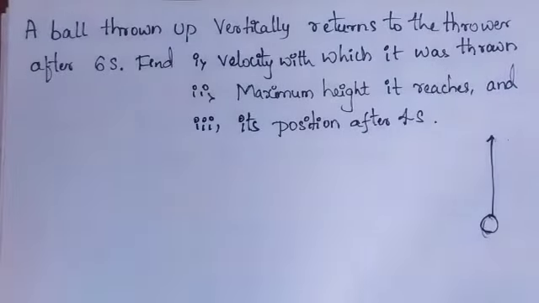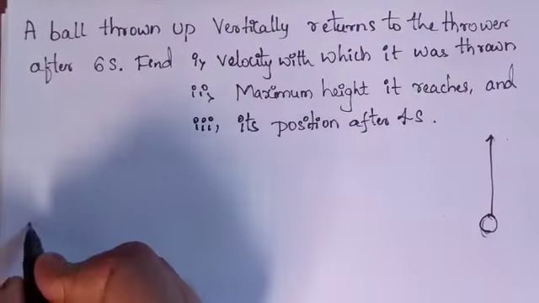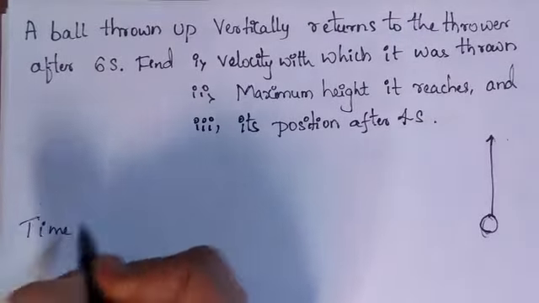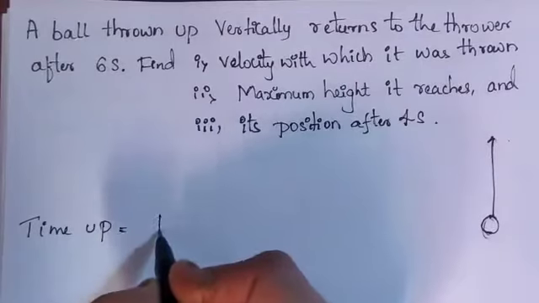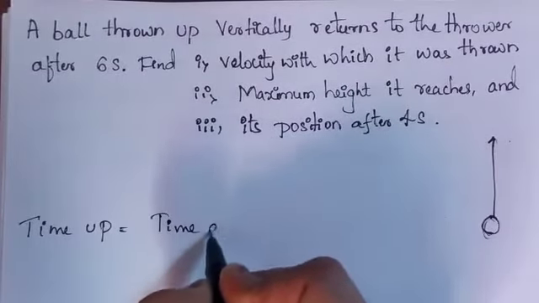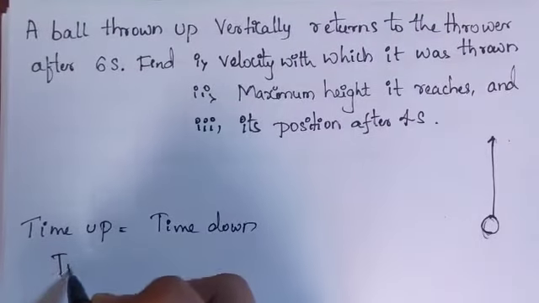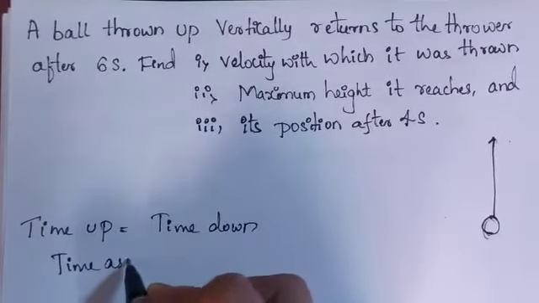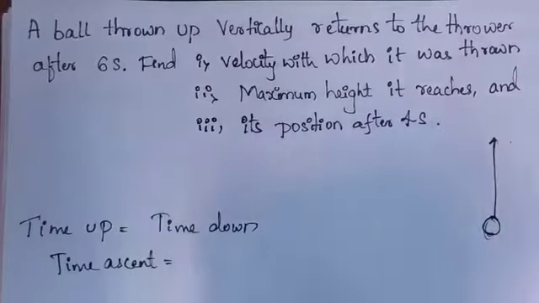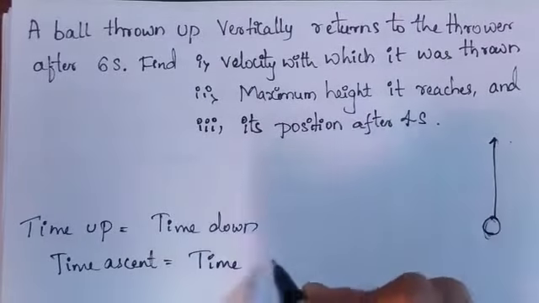You know that the time in which the ball goes upward is the same as the time it takes to reach the ground. I can write it as time to go up is equal to time to go downwards. Upward I can represent as time of ascent, so time of ascent is equal to time of descent.